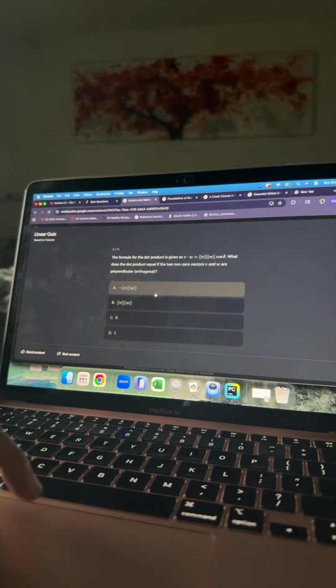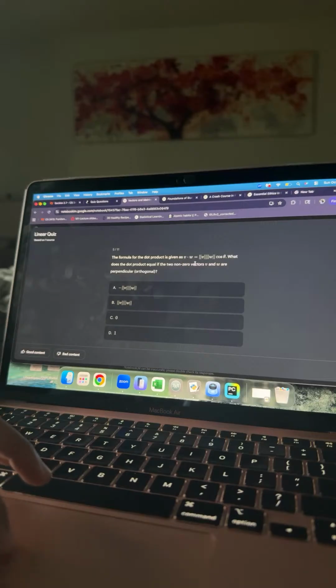Next, the formula for the dot product is given as v times w. What does the dot product equal if two non-zero vectors v and w are perpendicular, orthogonal? Okay, orthonormal gives 1, orthogonal gives 0.